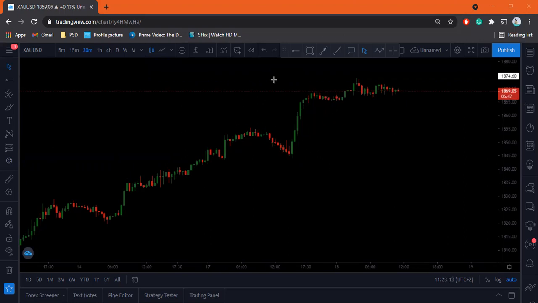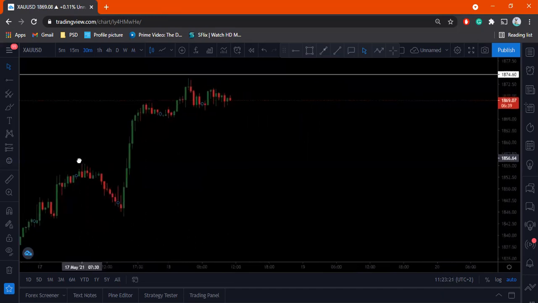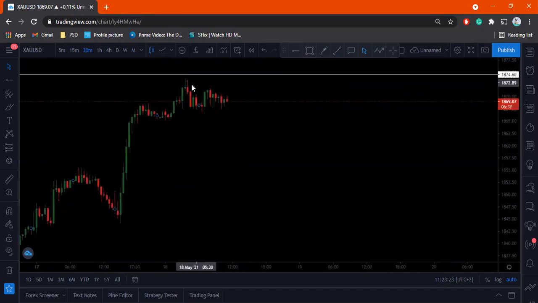Then for today, since price reached the area that we were expecting it to reach, and we were expecting it to reject from there, which it did. You can see that price had a high at this area, right? And then it dropped to create this low, and then from this low, it created a new high right here, right?